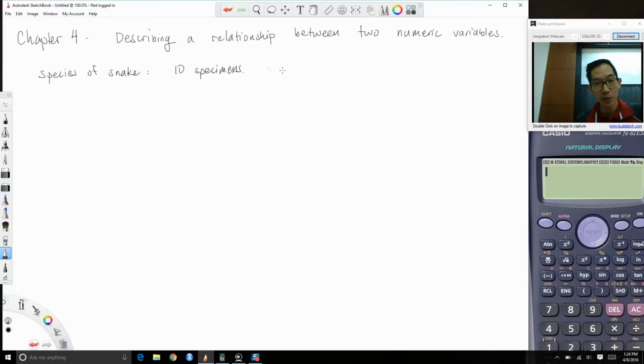The first one is the length of the snake, and then we've got the weight of the snake. With these two, we generally assign the letters X and Y. We want to know, is there a relationship between the length of a snake and the weight of the snake?